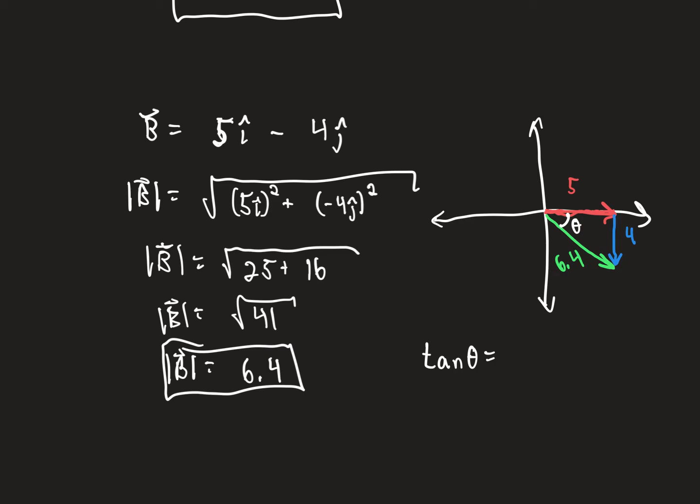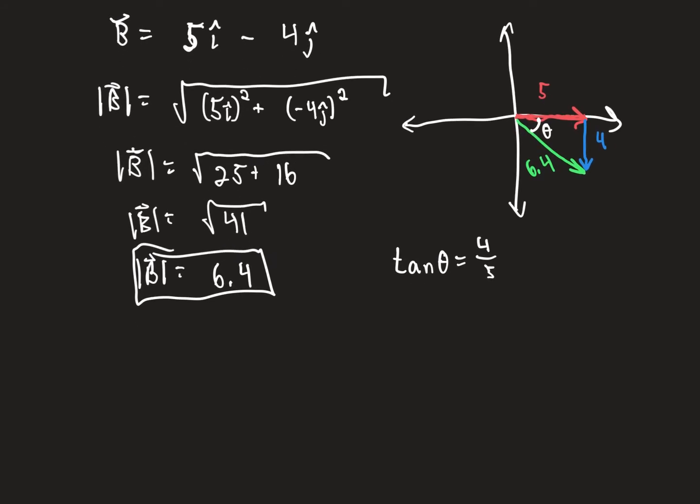4 over 5. This is another one that you probably want to plug into your calculator. This is pretty straightforward math, but can be tricky if you haven't done your calculations in a long time. If I want to find theta, I need to take the inverse tangent of both sides. Inverse tangent of tangent gives me just theta.